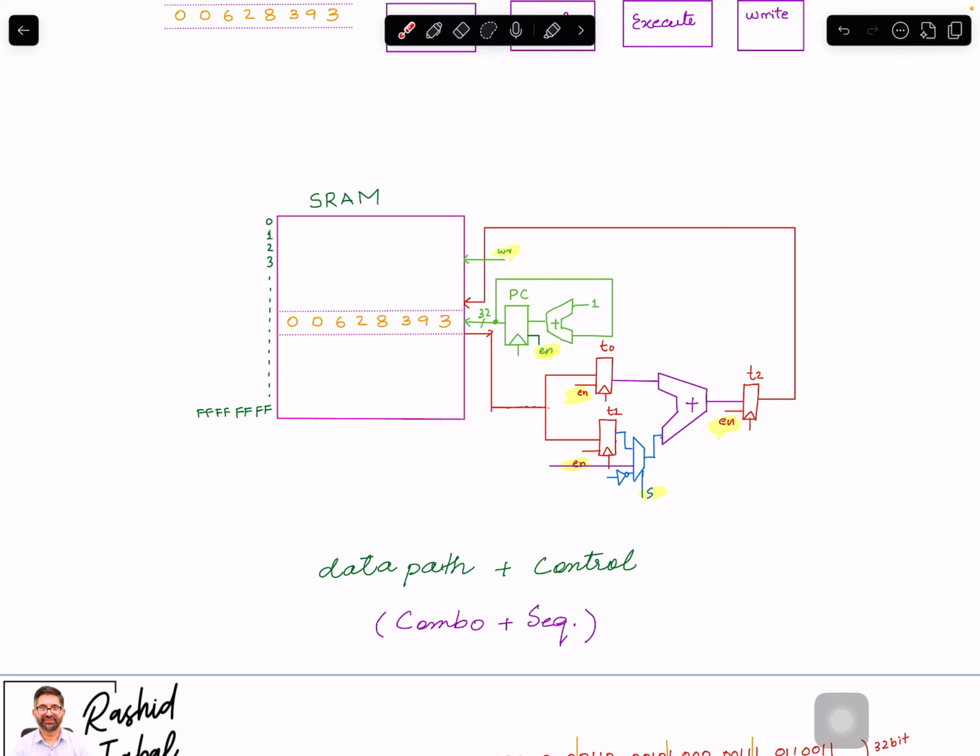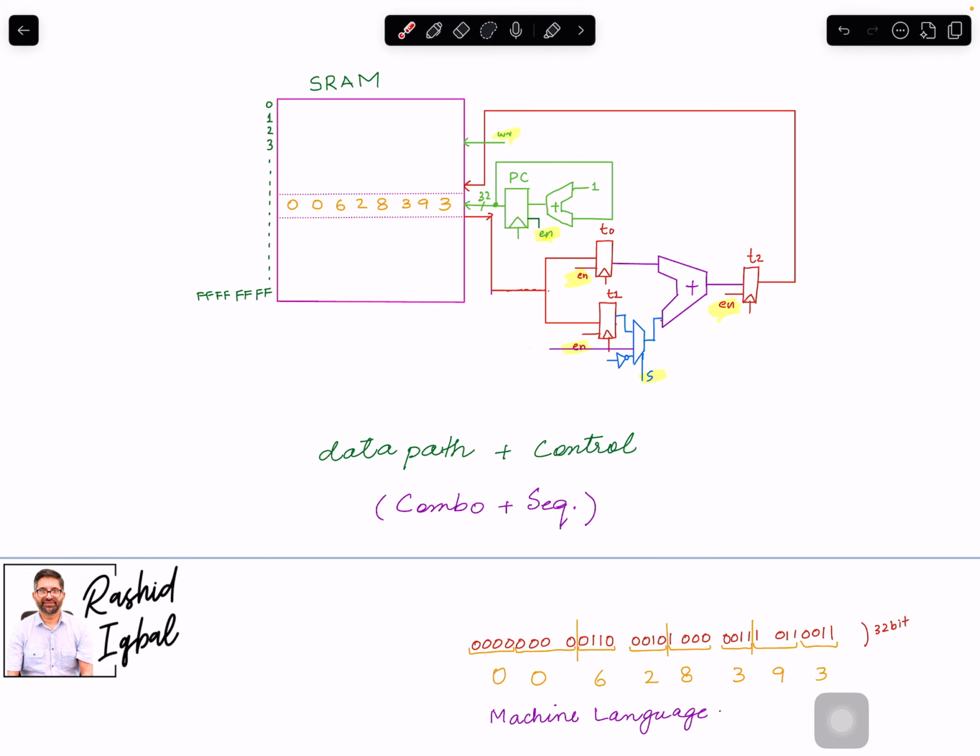The generation logic for those is called the controller. The rest of the stuff, which is fixed and already connected, where we know what path data is going to take, is called the data path. Overall, it is a combination of combinational logic and sequential logic.